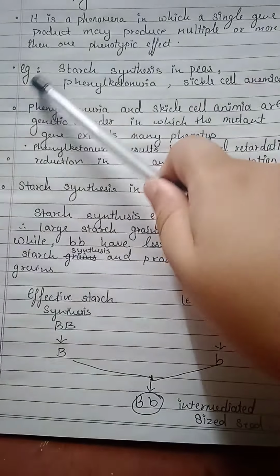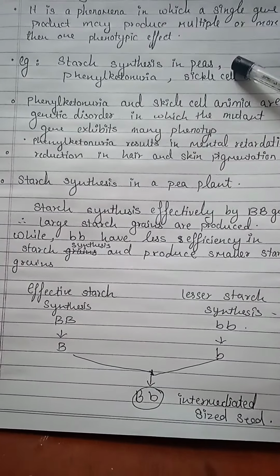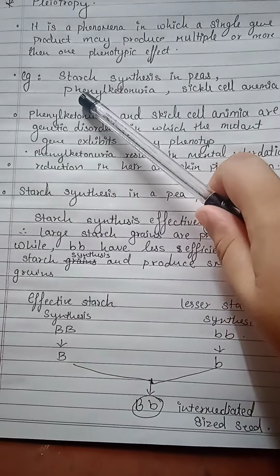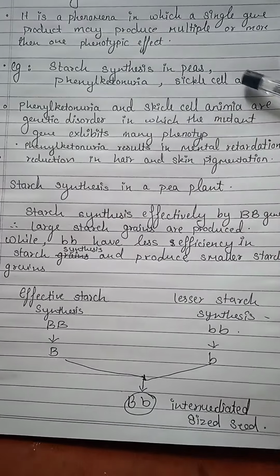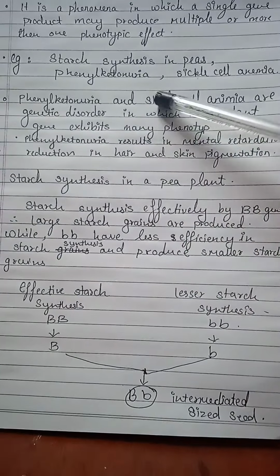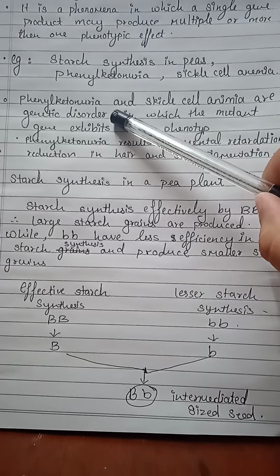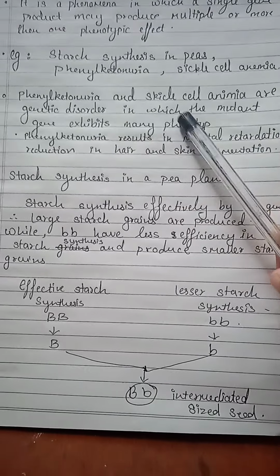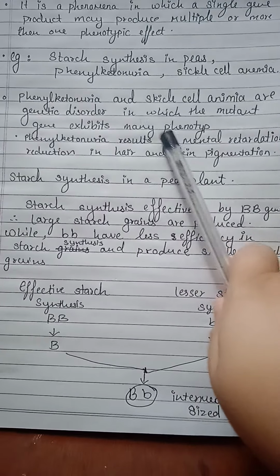For example, we have starch synthesis in pea plants. Another is phenylketonuria and sickle cell anemia. Phenylketonuria and sickle cell anemia are genetic diseases in which the mutant gene exhibits many phenotypes.